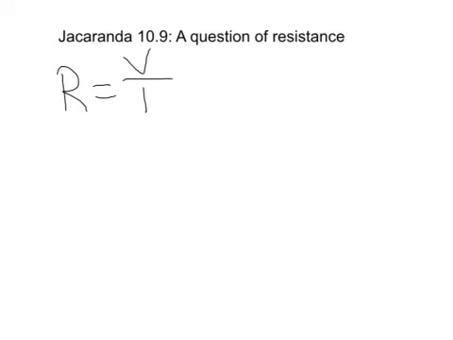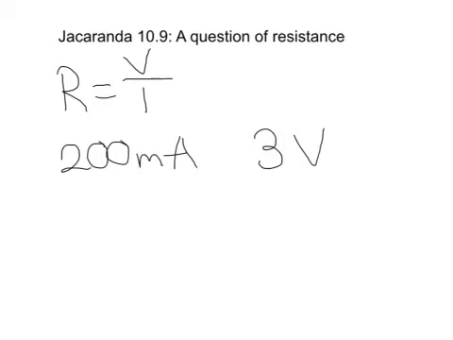So the torch. Remember the torch we did a couple of videos ago. Let's say the torch had 200 amperes, milliamps probably, more realistically. And it had a voltage drop of 3 volts. Alright, 3 volts. Good.